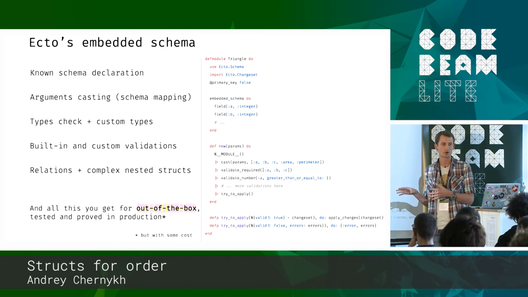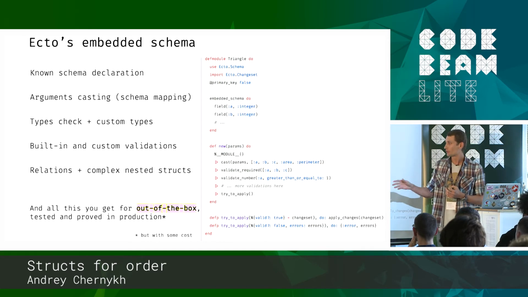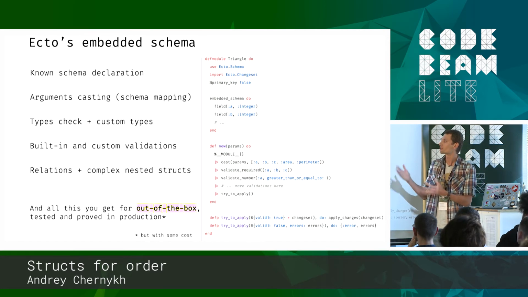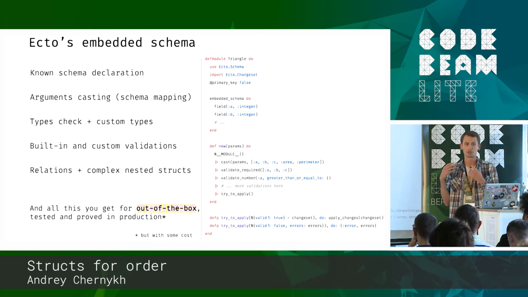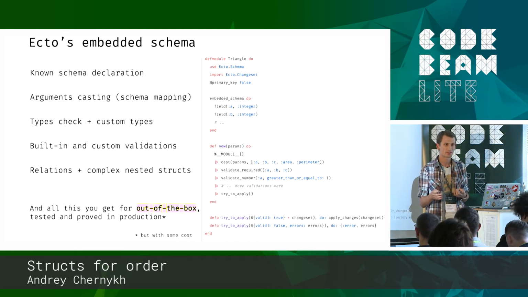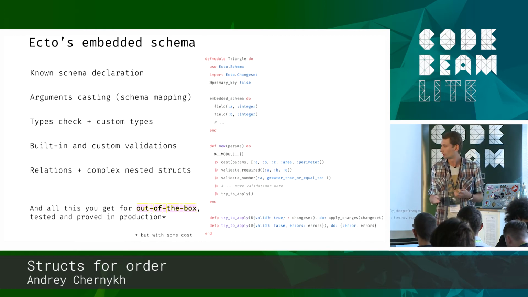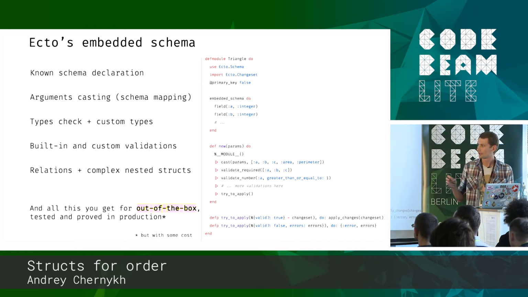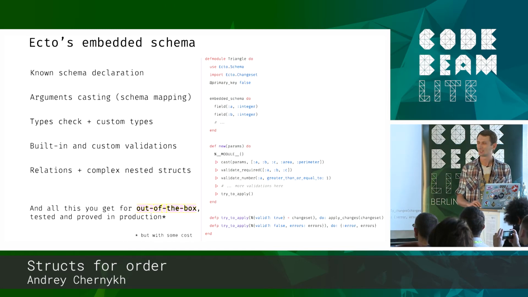Well, out of the box. It's not totally free. And you can construct even more complex and nested structs and apply validations on them, as I said, out of the box. But there is some cost of using Ecto, and I will provide the information about it a bit later. Now let's consider a more practical example.